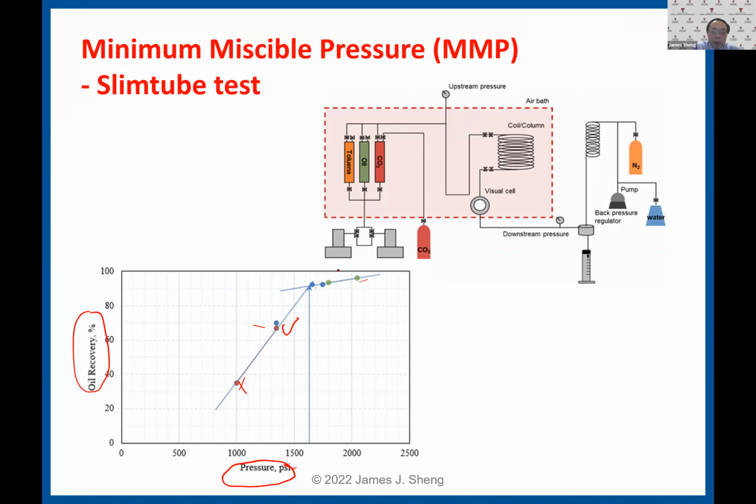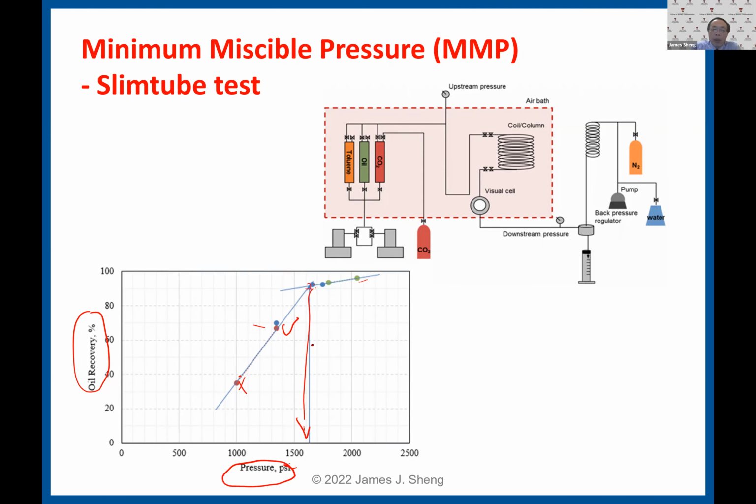So we have this oil recovery versus pressure: at the early stage we have a short, high-slope straight line, and later on a flat straight line. The intersection is the miscible pressure.